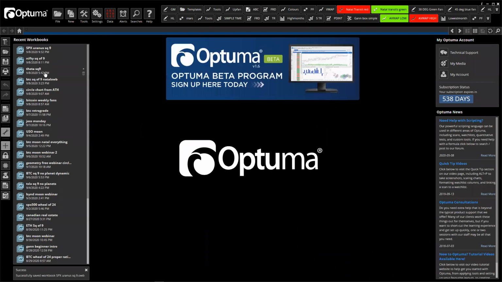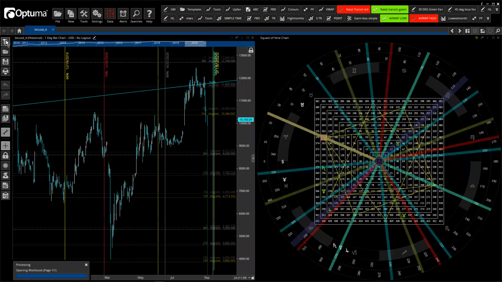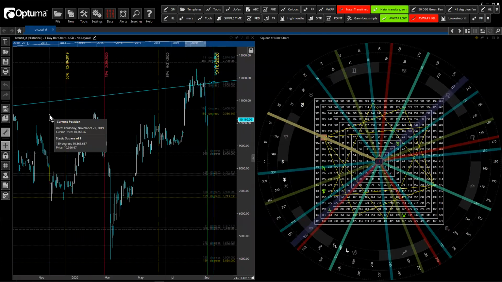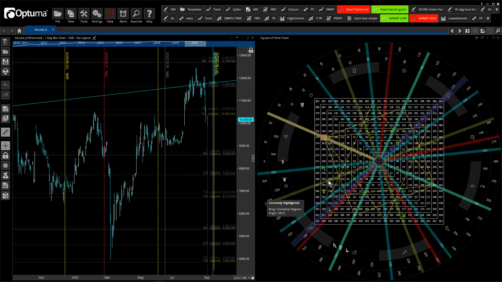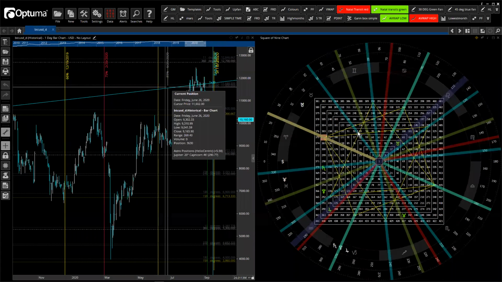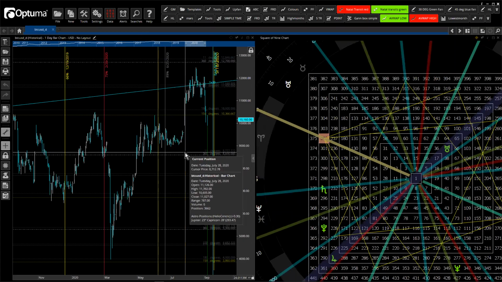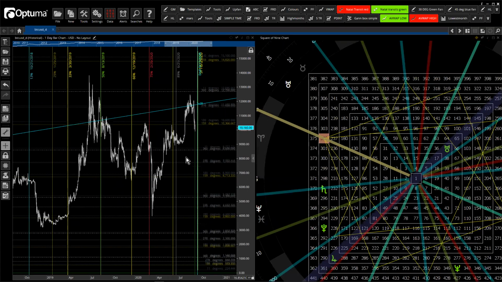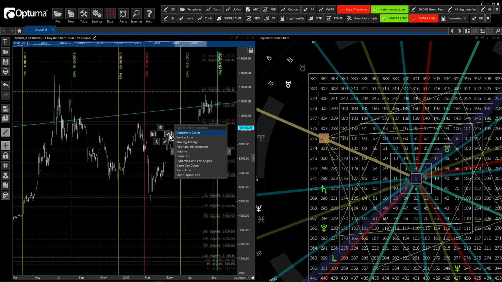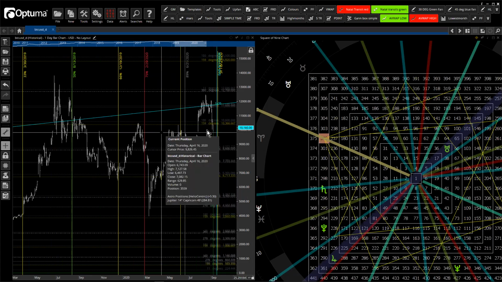And I'm going to take a quick look at Bitcoin. Here I've got a similar thing going on, but I'm using natal Jupiter this time. Okay, 299 degrees, natal Jupiter. Oh, sorry, in this case it's heliocentric, so it's 302 degrees. Let me just make sure of that.